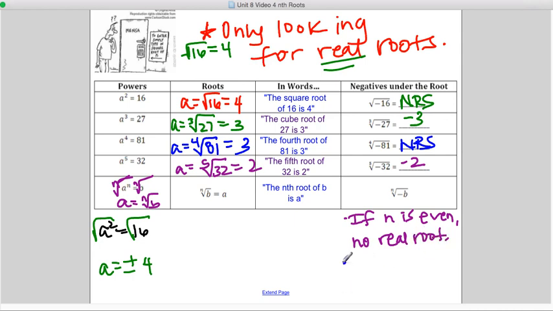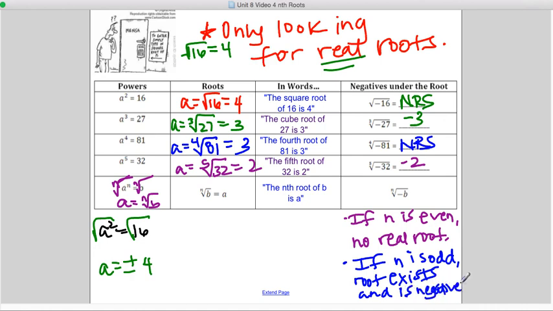If n is odd, 3 and 5 and 7, look, there's going to be a solution. So if n is odd, the root exists and is negative. Right. So those are our basics with roots.